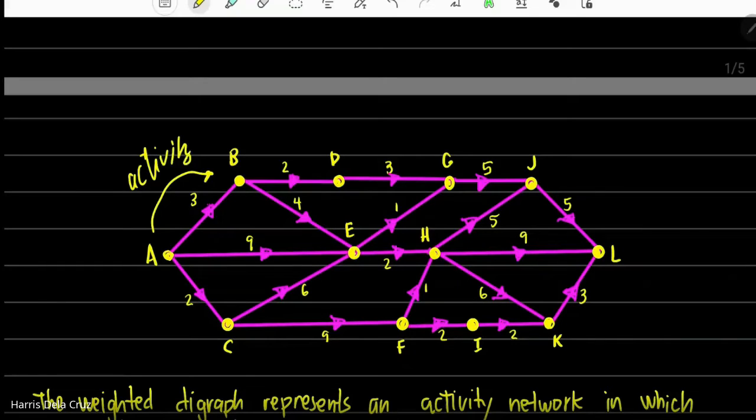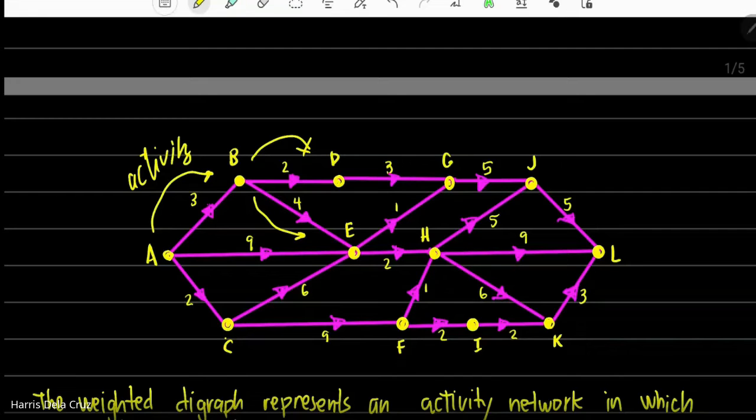So the start of that activity is point A and the end of that activity is point B. So before you can start activity B to D, you must finish first activity B. So ganun yung nangyayari. So dependent yung D tsaka yung E sa activity B. Dependent yung E sa activity B and C. Dependent yung C sa activity A, and so on.